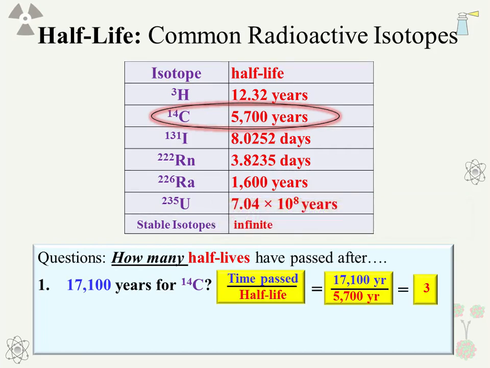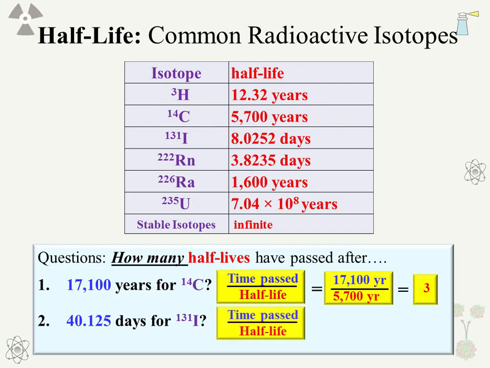If the given time was 16,900 years, the answer would lie between 2 and 3. How many half-lives are there for 40.125 days for iodine-131? Same procedure. How many half-lives are there in the given time? In this case, the half-life of iodine-131 is about 8 days.